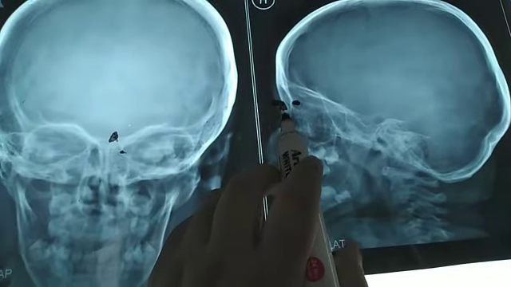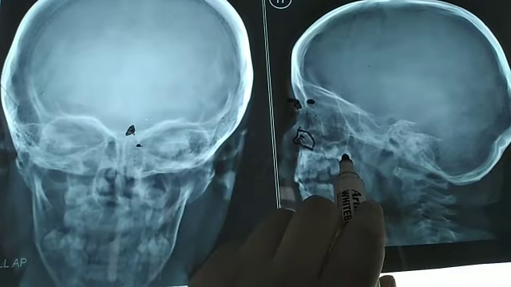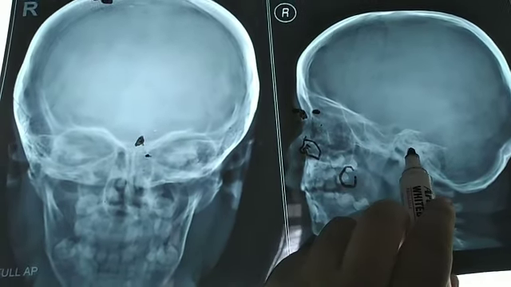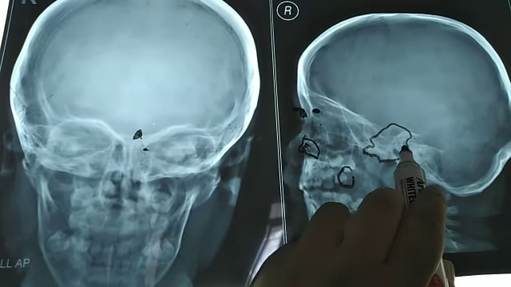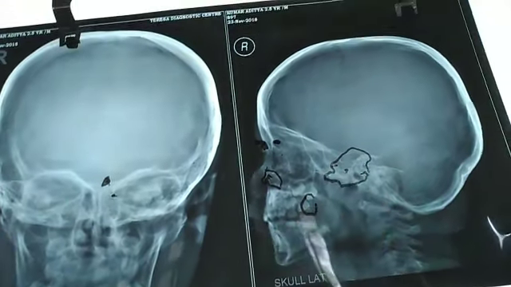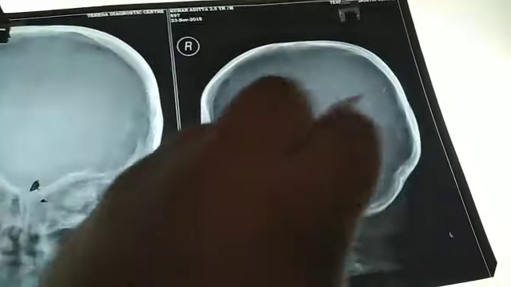This is my frontal sinus, this is the ethmoid sinus, this is the maxillary sinus, and this is the pituitary area, and in this area you will get the sphenoid sinus. So this is how PNS looks, but you have to crop this area.